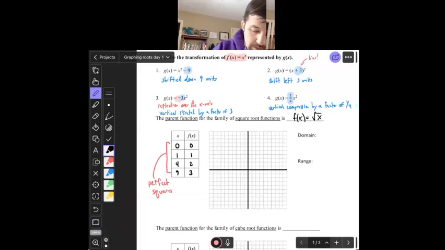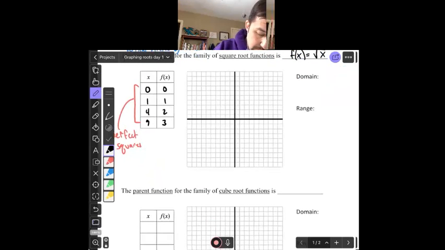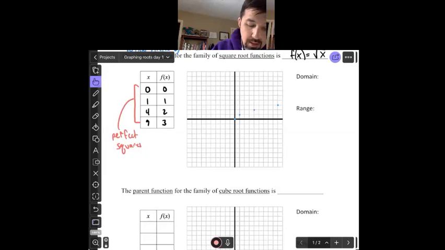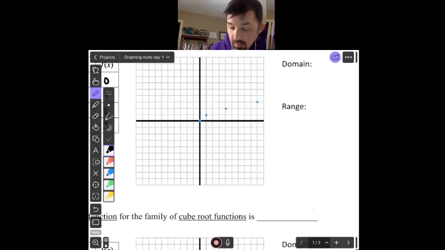So go ahead and plot those points: (0, 0), (1, 1), (4, 2), (9, 3). And because there are no values that we plug in below 0, because we can't plug in those negatives, there is no arrow to the left. There will be an arrow off to the right. This is a very flat curve as we go to draw it, but it does need to be a curve.